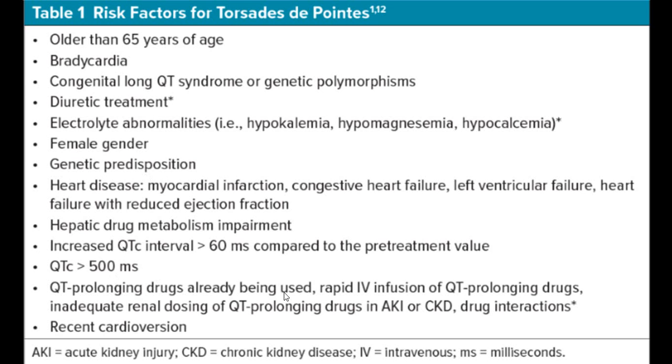There are a good number of drugs which prolong the QT, as well as rapid infusion of certain drugs. QT can be prolonged. Person with CKD, AKI can also have prolongation because of the drug interaction and excessive accumulation of the drugs in the blood, or if the person has undergone cardioversion. These are all the risk factors for Torsades De Pointes.